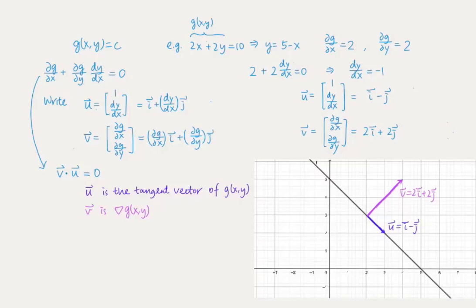We get this equation: g_x plus g_y times the derivative of y with respect to x equals 0.